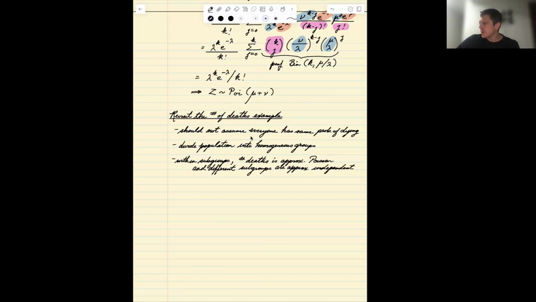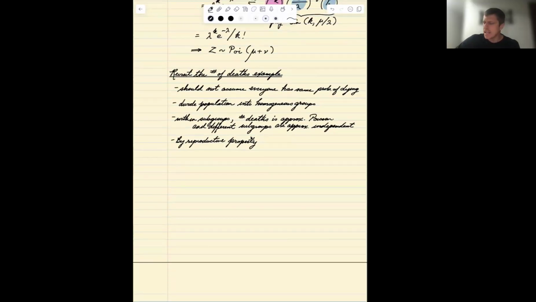So we end up in pretty much the same place, because by the reproductive property, the total number of deaths is still approximately Poisson, and the mean is equal to the total expected number of deaths per day.